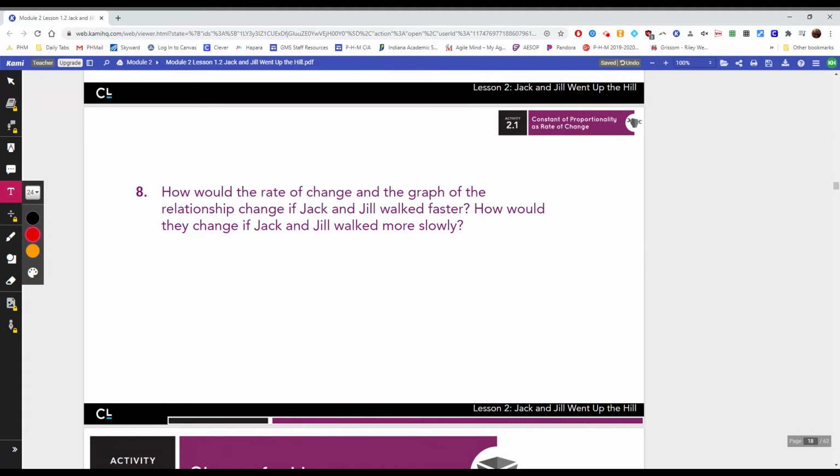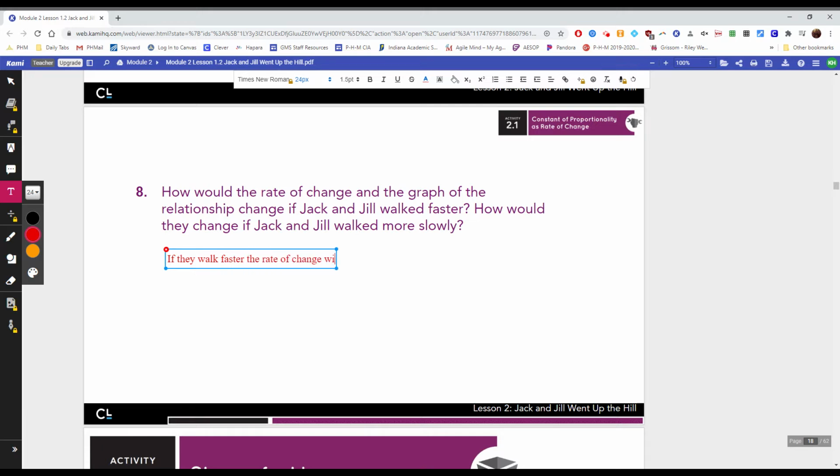How would the rate of change and the graph of the relationship change if Jack and Jill walked faster? So if they walk faster, think about what happens. I want you to write your response to that. If they walk faster, the rate of change will increase and the steepness of the graph will also increase.